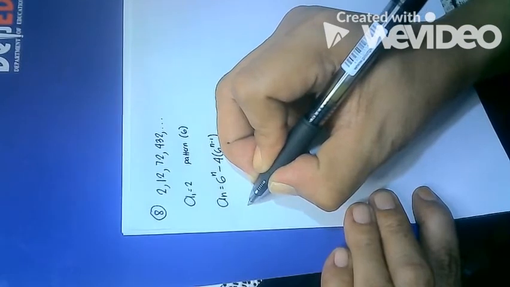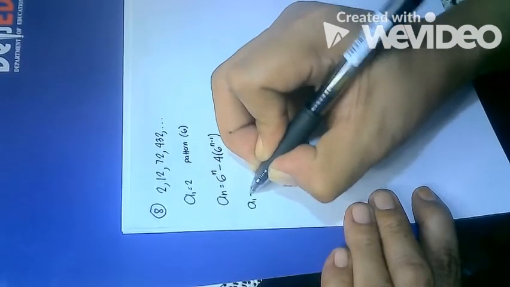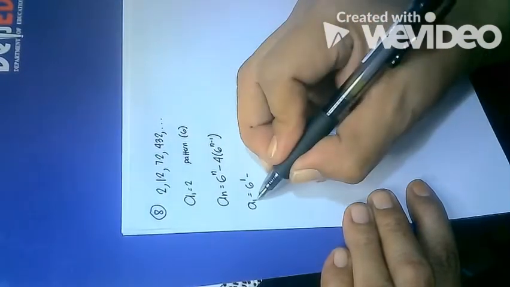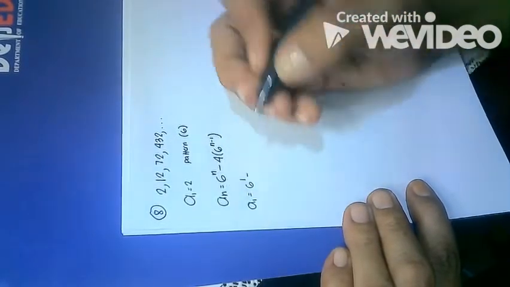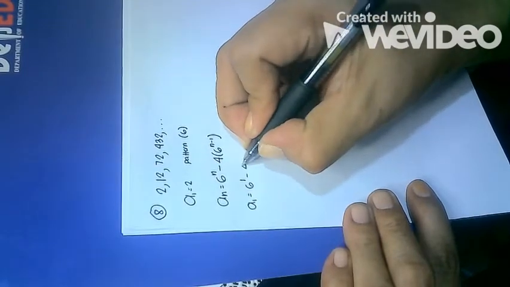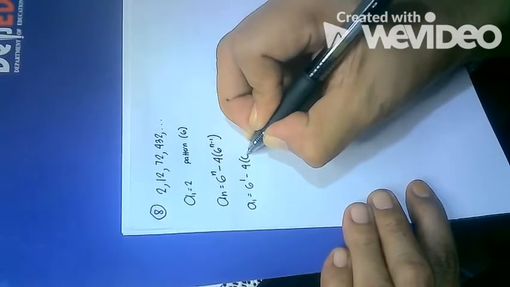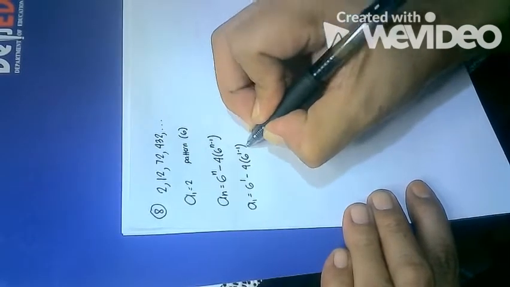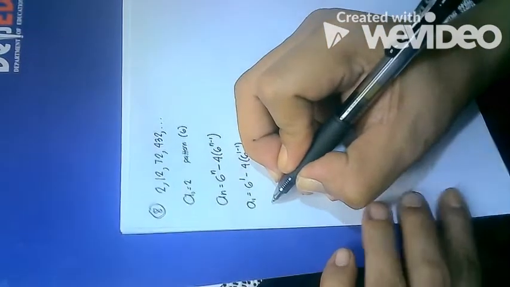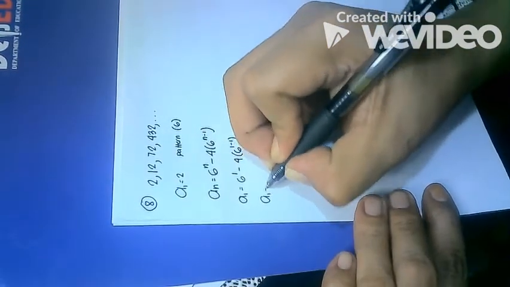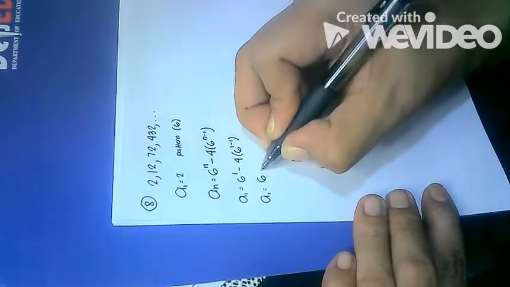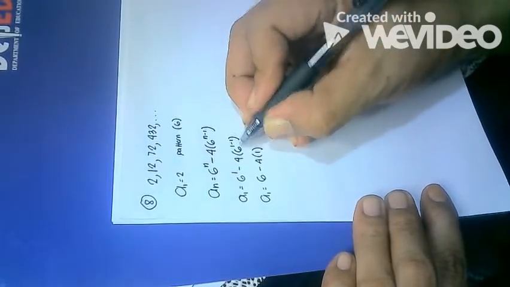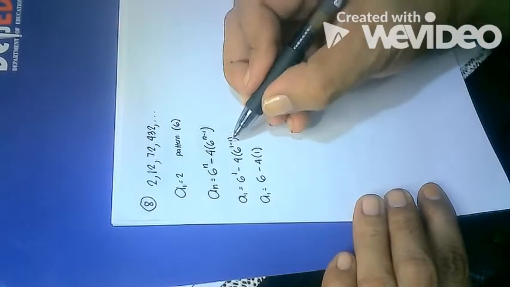Your a sub 1 now is 6 to the 1 minus 4 times the quantity 6 to the 1 minus 1, because your n is 1. So a sub 1 is 6 minus 4 times 1, because 1 minus 1 is 0, so 6 to the 0 is 1.